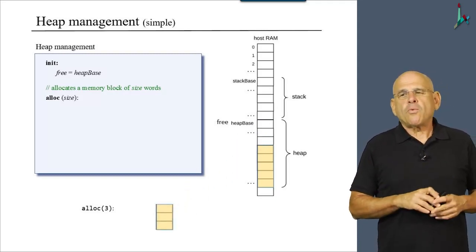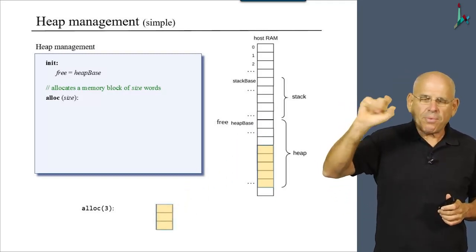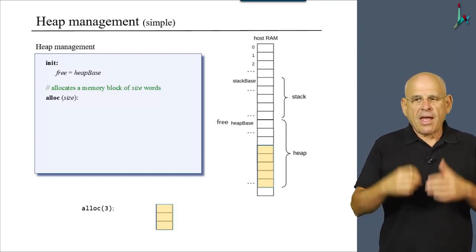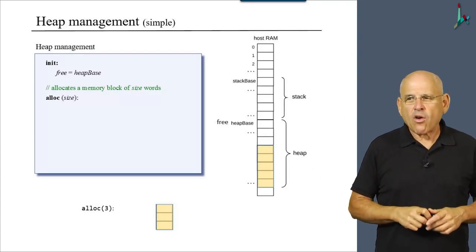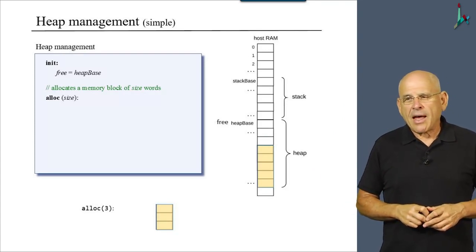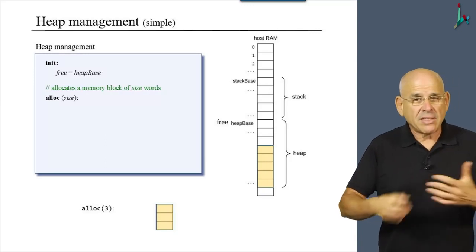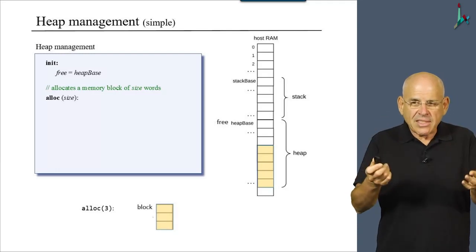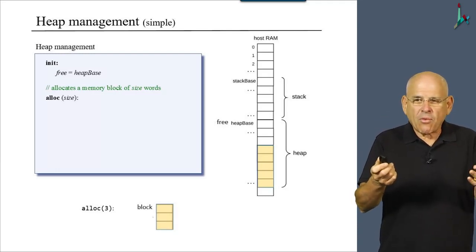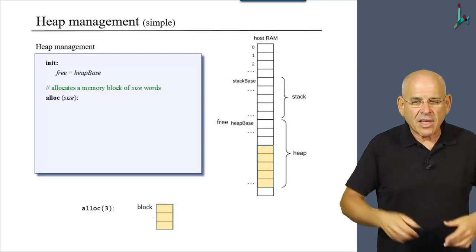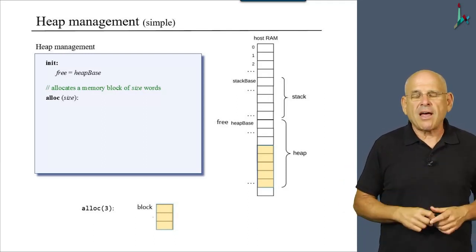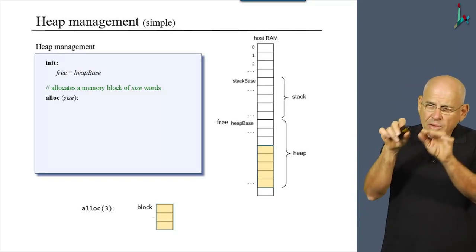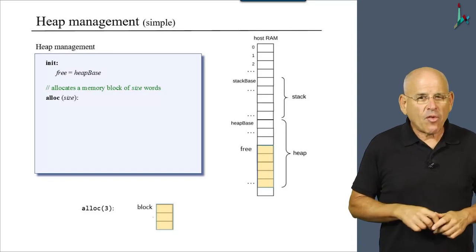As you see, we have carved the top 3 words from our free area, and we are giving it to the caller. And in order to do it, or as a side effect of doing it, we have to, first of all, assign it a certain pointer so that we'll be able to tell the caller where this block begins, and we call this base address block. Another thing that we have to do is, as you just saw, update free, right?